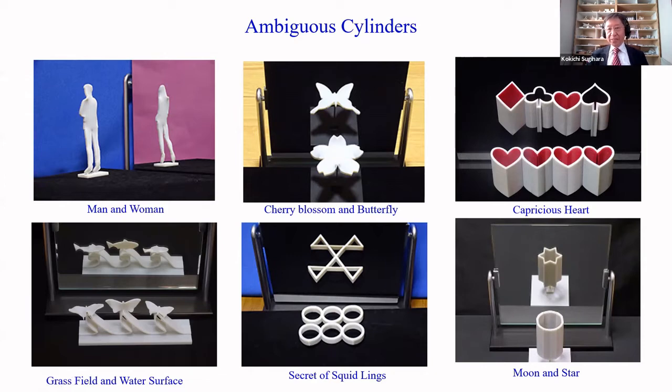Then we get a space curve, which looks like a heart from the first viewpoint and a diamond from the second viewpoint. Then we move this space curve vertically a certain distance and adopt the swept surface. Then we get a cylinder like that.